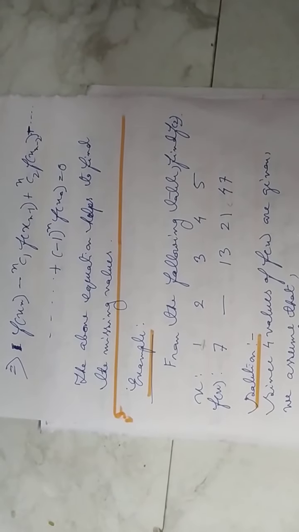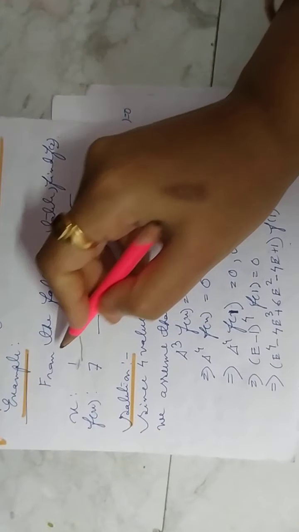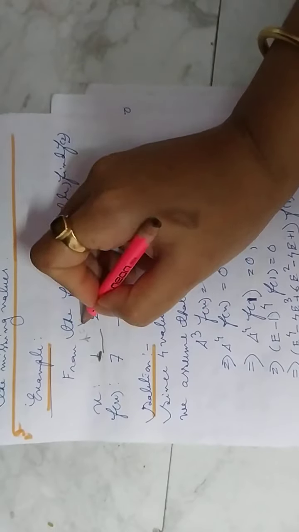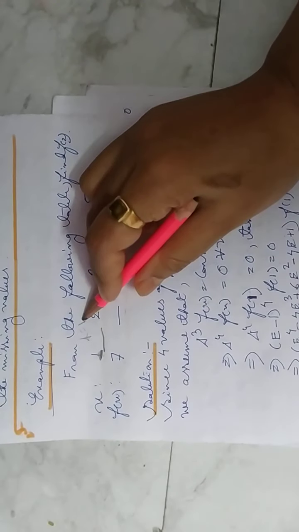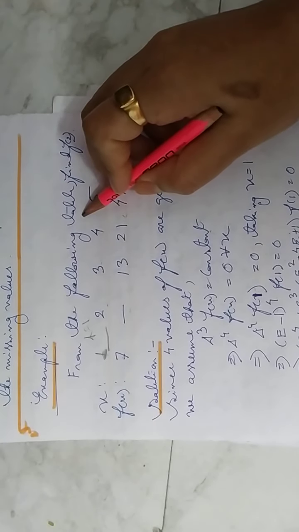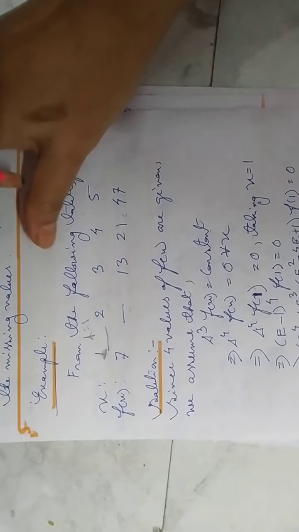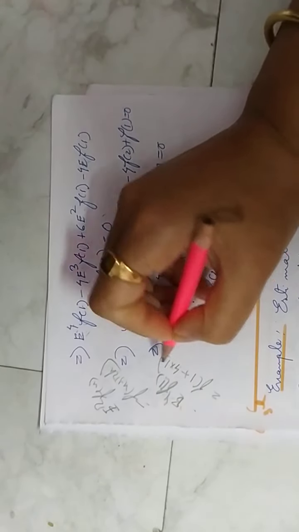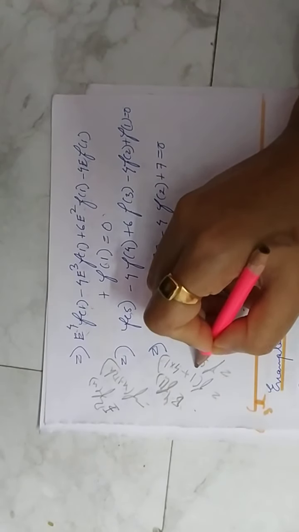See the difference between the values of x here, 1. h is equal to 1 here, because 2 minus 1 is 1, 3 minus 1 is 1, 4 minus 1 is 1, 5 minus 1 is 1. The interval of differencing is 1 in this case. So putting x equal to 1, this is equal to f of 5.